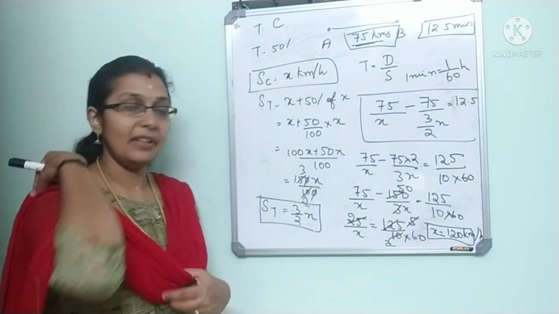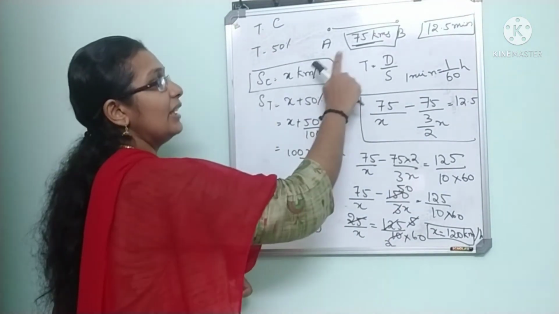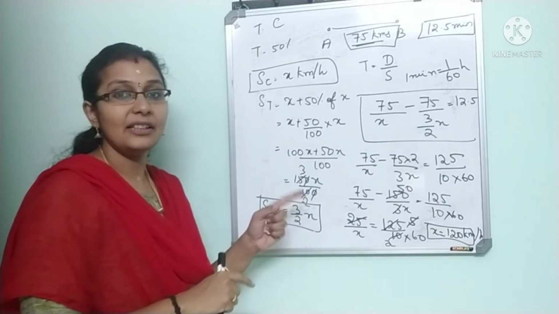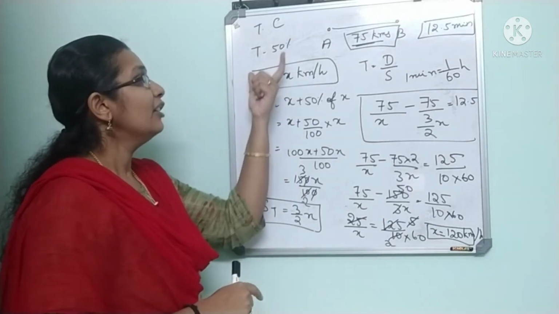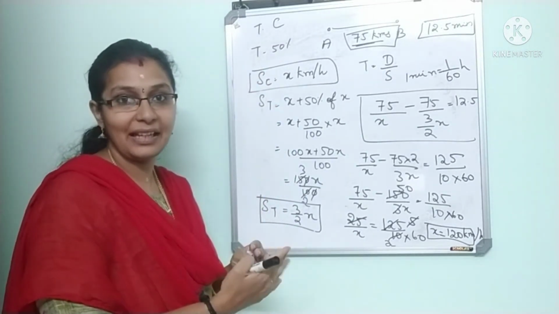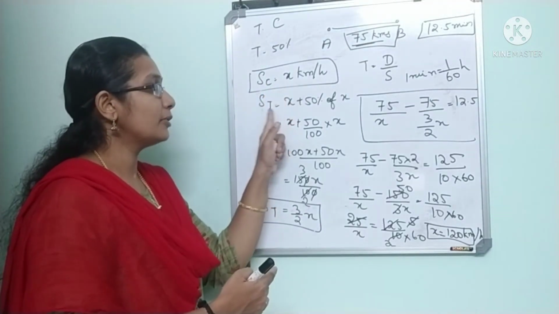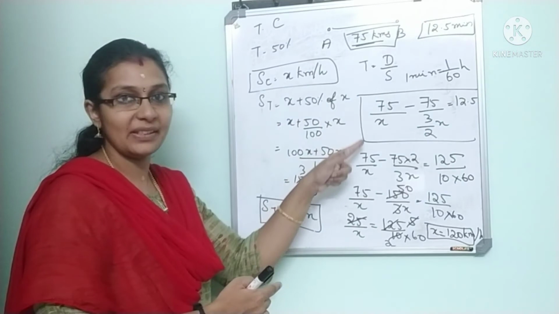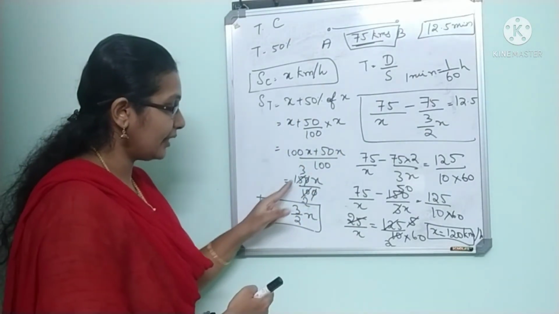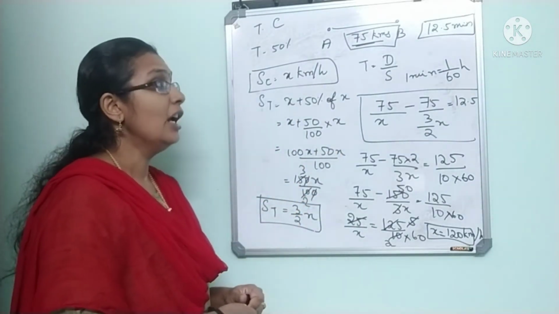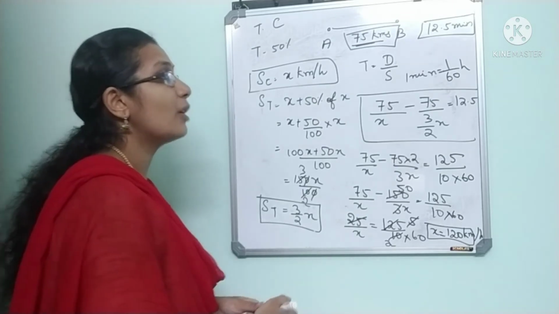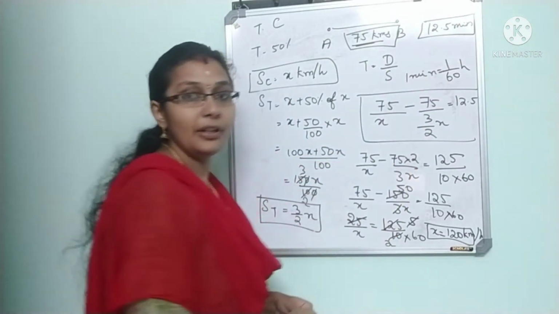Clear? What are all the details they have given? They have given the total distance, and they have given the hint that the speed of the train is 50% greater than that of the car. So let us assume the car speed to be x. So the speed of the train is x plus 50% of x. I am taking the LCM and get 3 by 2 x. Now the hint given is that the stoppage timing is 12.5 minutes.